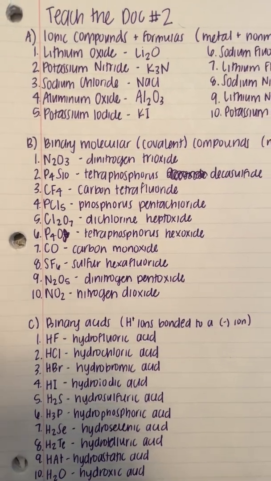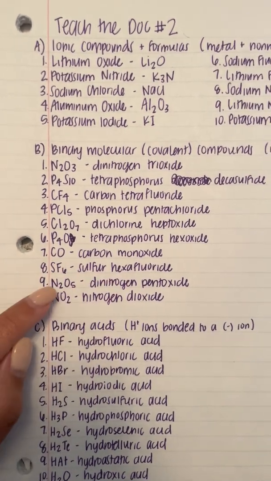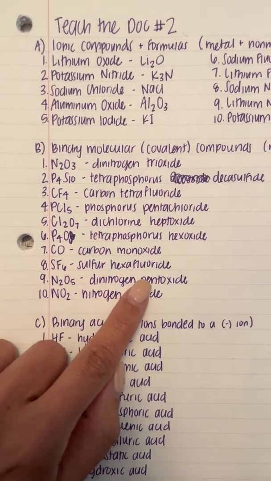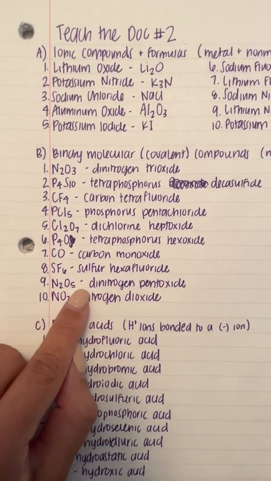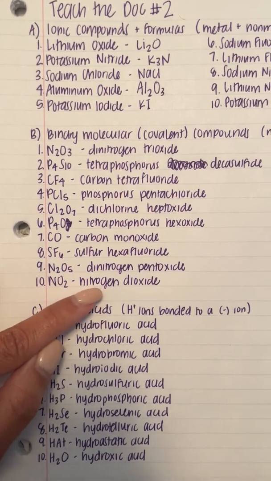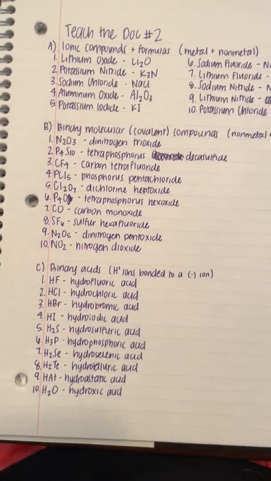SF6, sulfur hexafluoride, and that hexa is for the 6. N2O5, di for the 2, nitrogen, pent, and that's for the 5, pentoxide. And then NO2, nitrogen, there's 2 oxygen, dioxide.